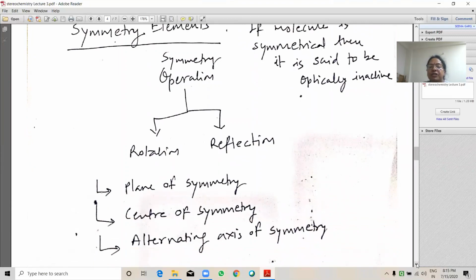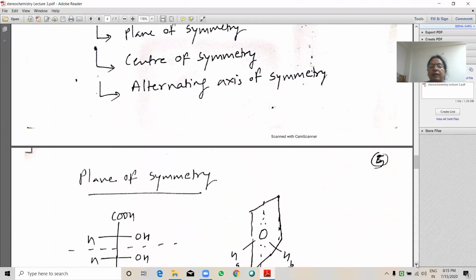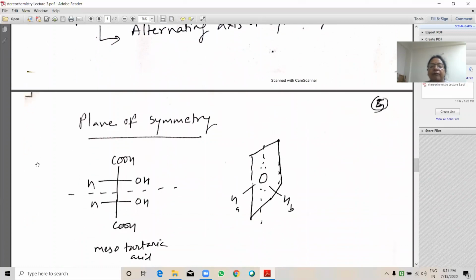And this type of operation can be done in 3 ways: either on a plane of symmetry, center of symmetry, or alternating axis of symmetry. Plane of symmetry: when a plane passes through the molecule, this half and this half are mirror images superimposed on each other, it means it is optically inactive.